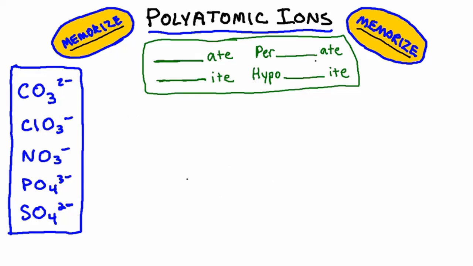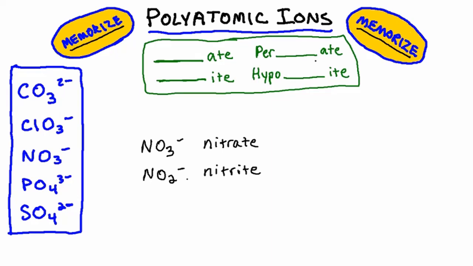Now what about nitrate? We have NO3 with a negative charge, and that is nitrate. So if we take away one oxygen and we have NO2 with a negative charge, that's going to be called nitrite. But what if we add an oxygen to the nitrate?